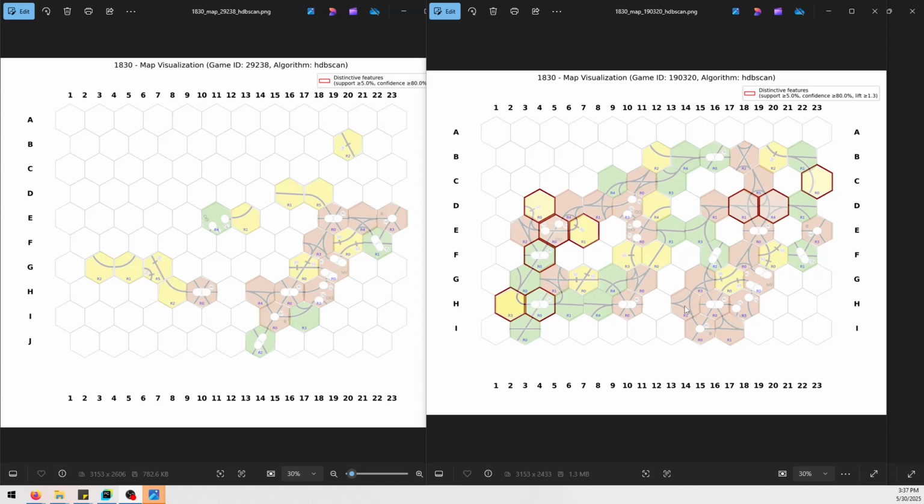Another shortcoming that I've been bouncing around in my head is that perhaps we shouldn't be just looking at the end game maps, because you can imagine if a game goes late enough, people are no longer really making meaningful track decisions in a lot of games. They're just laying random tracks, or they're just passing because they don't have valid track options anymore. So maybe it would be more useful to look at an earlier stage of the game, perhaps when the first D train is bought, or maybe right after the fives come out, to really see the diversity of the strategies.